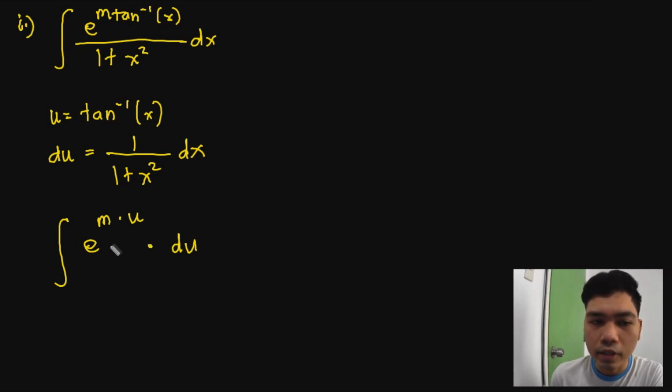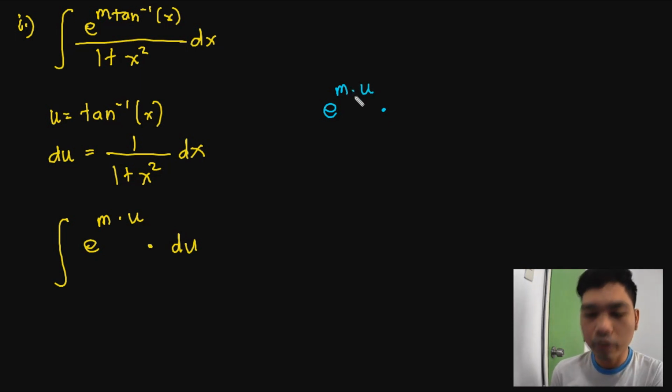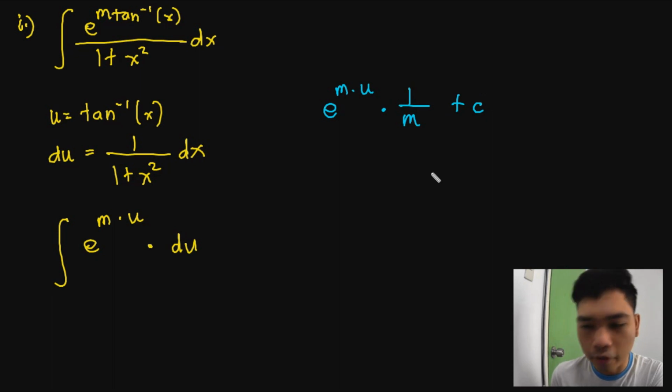In this case, we have e raised to m times u, because we already know that if we have this exponential function, we just have to copy it and multiply it with the inverse operation of what is incorporated in your variable. In this case, that is multiplied by m, so we have to divide this by m. Okay, and then we add the constant of integration. So this is your answer in terms of u.